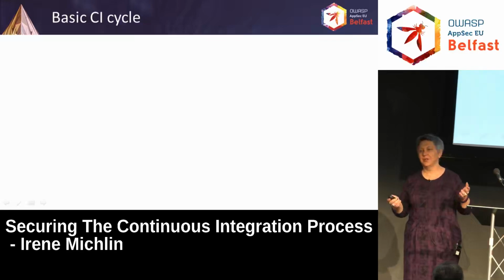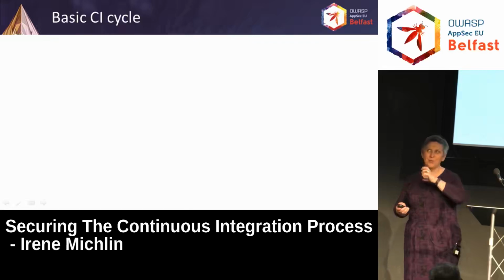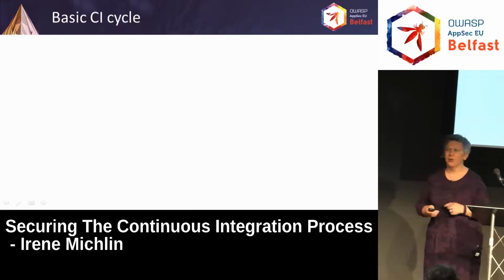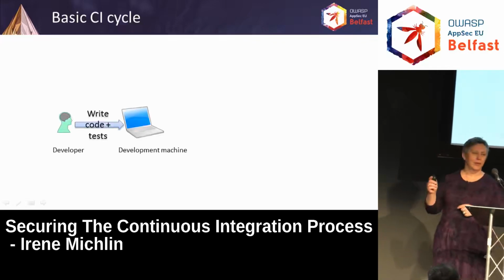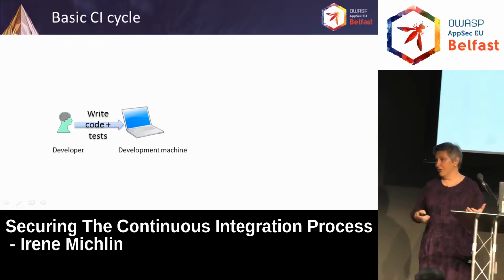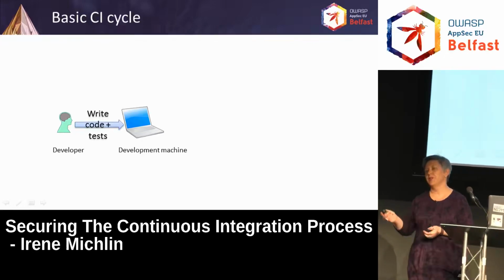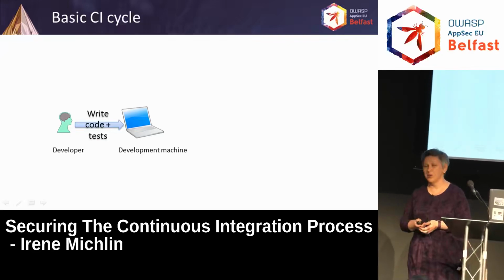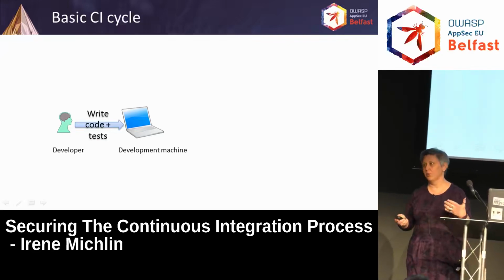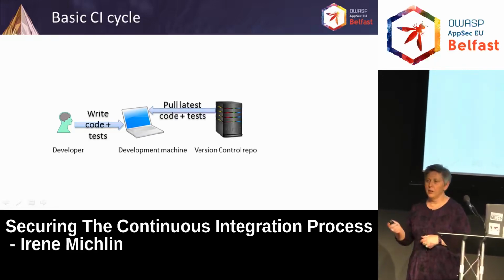So, the basic continuous integration cycle. Yes, I know everyone knows it, but when I talk about components and call them by specific names, at least we are all on the same page about what I'm talking about. We have a developer who writes code plus tests on a dedicated development machine. Plus tests is important. It's almost impossible to have continuous integration if you don't protect your freshly written or modified code with tests.